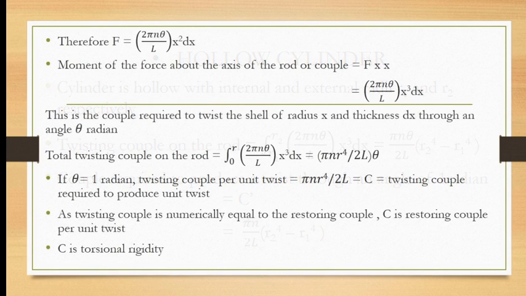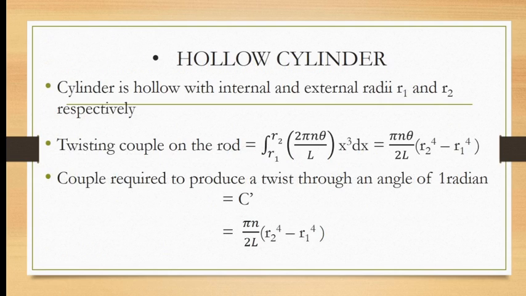You remember we had integrated the solid cylinder from 0 to R. But in the case of a hollow cylinder, we have an internal radius R1 and an external radius R2. So from where to where do we have to integrate? From R1 to R2 we have to integrate that expression.